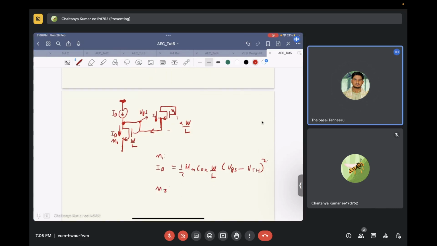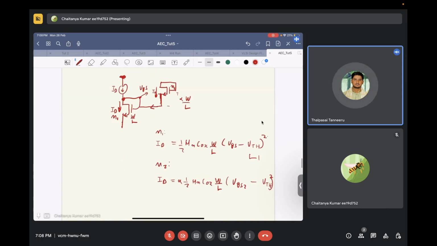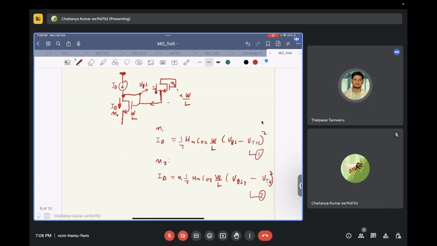And for M2, ID is equal to half mu n Cox alpha W by L times VGS2 minus VTH whole squared. Right? Yes, sir. This is equation 1. This is equation 2. Okay.